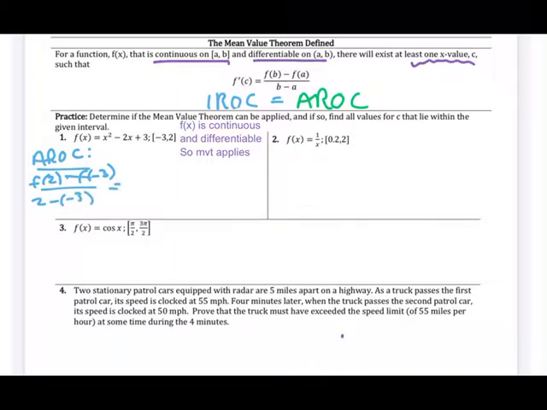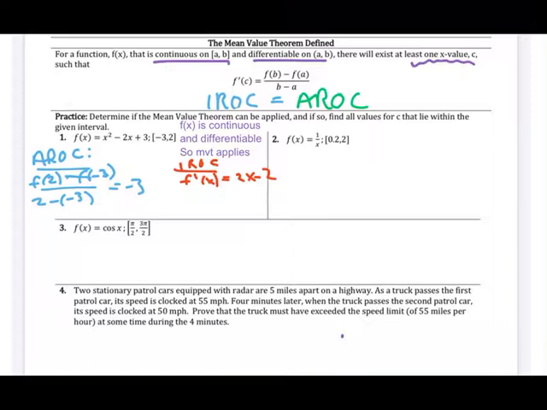That's going to give us 3 minus 18 over 5, which is going to be negative 3. So the average rate of change is negative 3. The instantaneous rate of change is just going to give us the derivative. So let's just find the IROC, which is f prime of x, which is going to be 2x minus 2, just taking the derivative using the power rule.